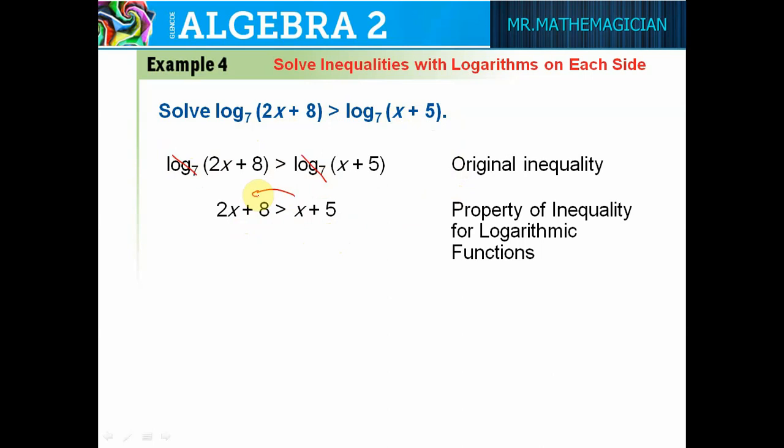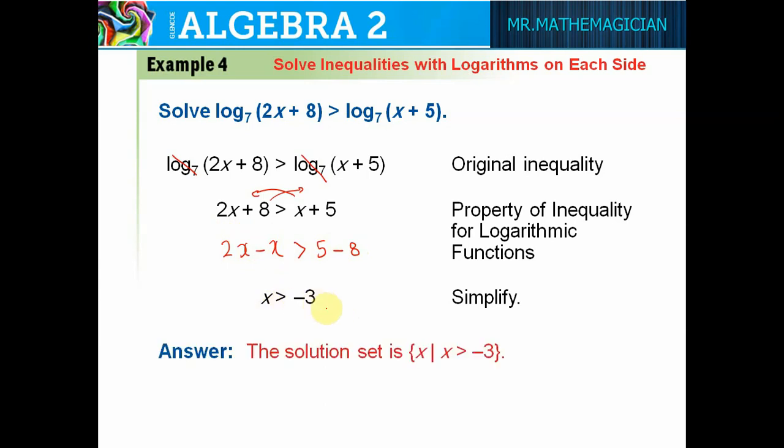Now take the x's together, get this number to the other side, and this will give you x is greater than negative 3, because it will be this way. 2x minus x is bigger than 5 minus 8. So 2x minus x, which is x, 5 minus 8, which is negative 3. So x is bigger than negative 3. This is the solution, or if you are going to use interval notation, it will be negative 3 to infinity.